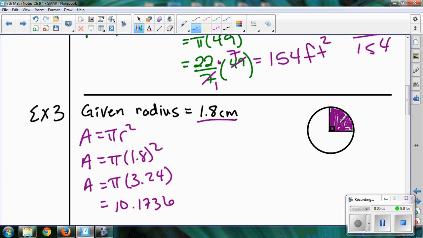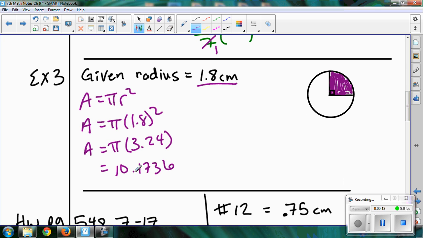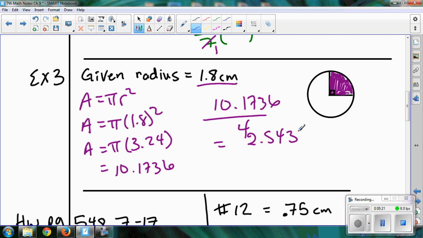So we're wanting to find a quarter of the area. One way that we can find that is to simply divide this into 4 equal sections and get 2.5434 when you divide it out, or 2.5 square centimeters.